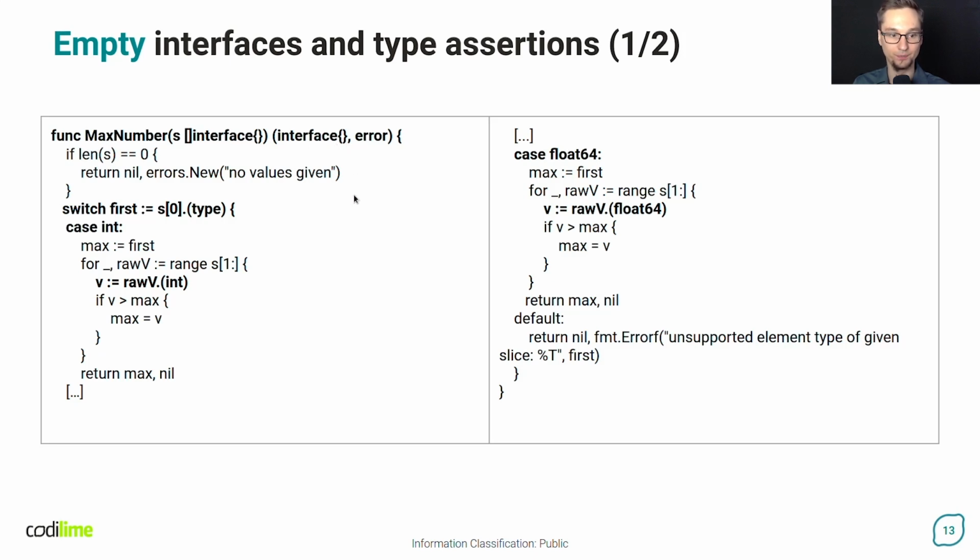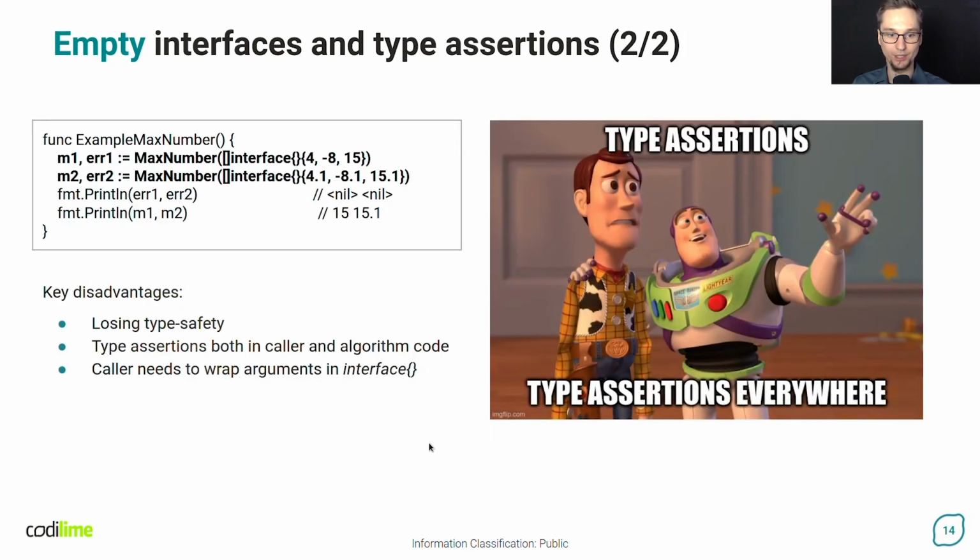Inside the function, we have type assertions and type switches to unwrap the data to the specific types, and then there is an algorithm to perform the needed tasks on that data. So the user needs to wrap their data to the type that the function, the algorithm, expects. So in that case, it's the slice of empty interfaces.